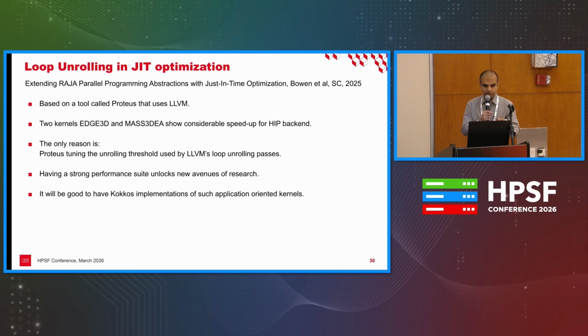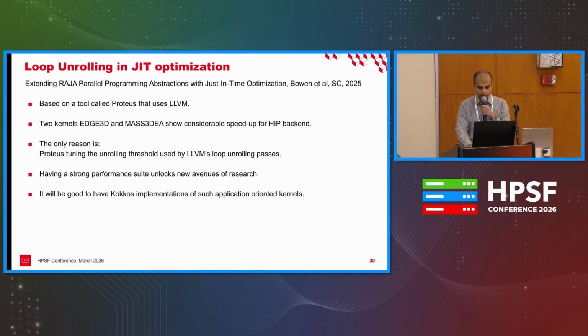I highlighted that it is exactly only this change that really helped with performance improvement. So this motivates us to probably expand our performance suite in terms of more application-oriented kernels so that we can try more ideas and develop our tools further.